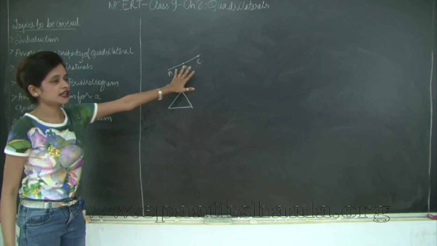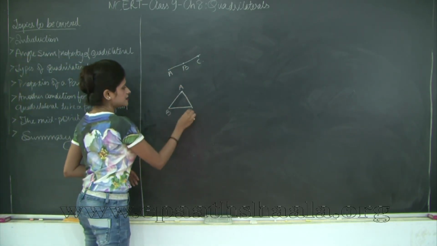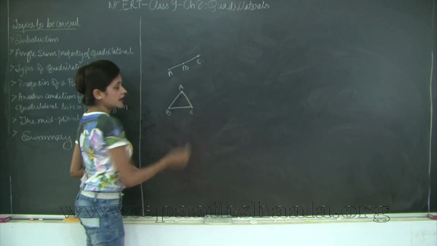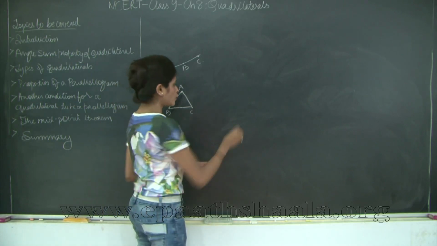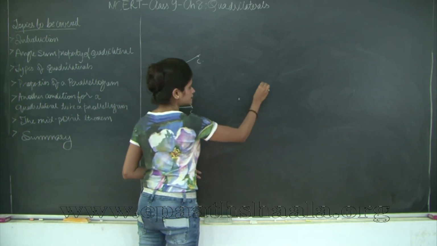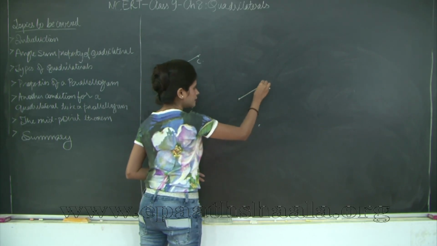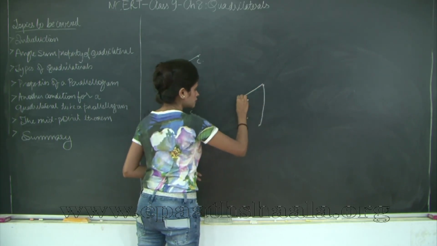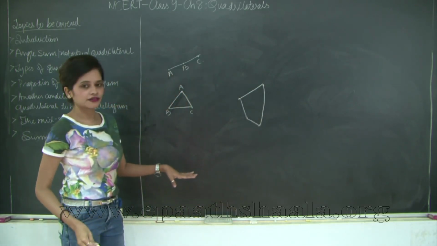But this was pertaining to 3 points, right? We have A, B and C. Now let's extend this to 4 points. So if I have 4 non-collinear points and I connect them, I get a closed 4-sided figure.